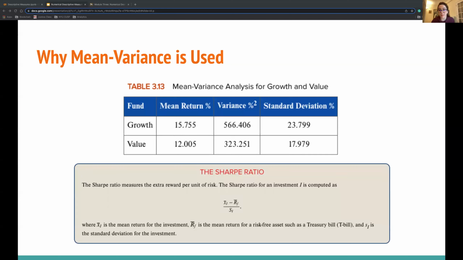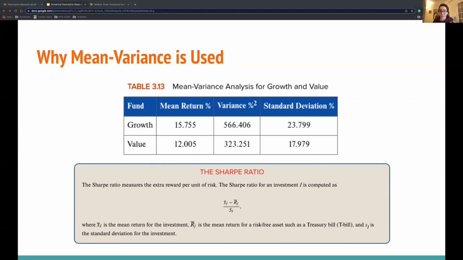As we're looking at our example about the growth and value fund, we can ask the question of why would a rational investor choose to invest in value over growth, since the average return was 3% lower over our sample period? Well, the answer really lies in the variance, or in general, the level of risk for the investment.